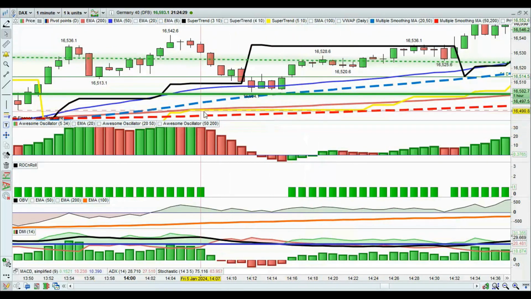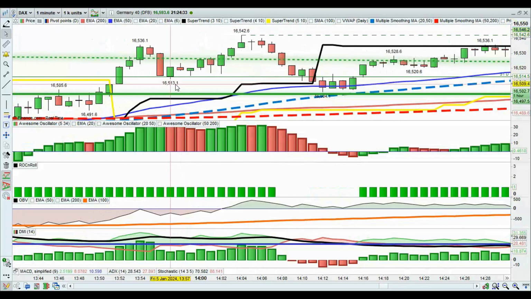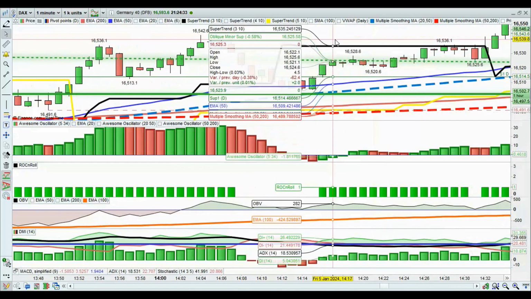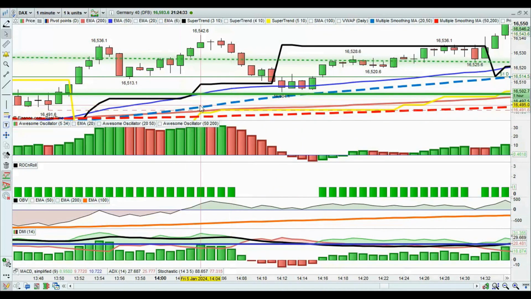So everything is still above the 50/200 smoothing average, and the 20/50 smoothing average. That's crossed the red there, which bodes very well. Okay, it's kind of like a golden cross there when the one average crosses the other.